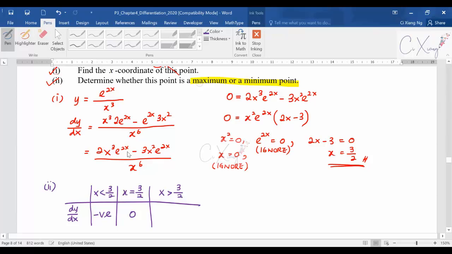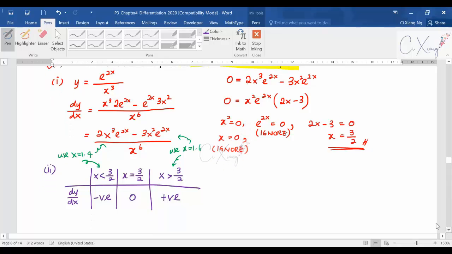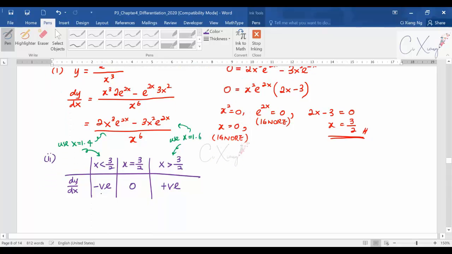Use x equals 1.4 and substitute it here. For this part, you use x equals 1.6 and substitute into dy dx also. Just press the calculator to show how you get the value. You will get a positive value.